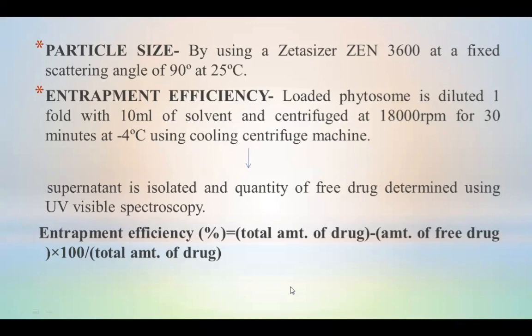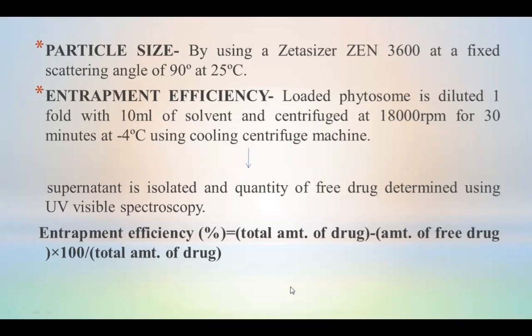Particle size determination can be done using a Zetasizer Gen 3600 at a fixed scattering angle of 90 degrees at 25 degrees Celsius. This is the specific temperature for this activity. Second one, entrapment efficacy.